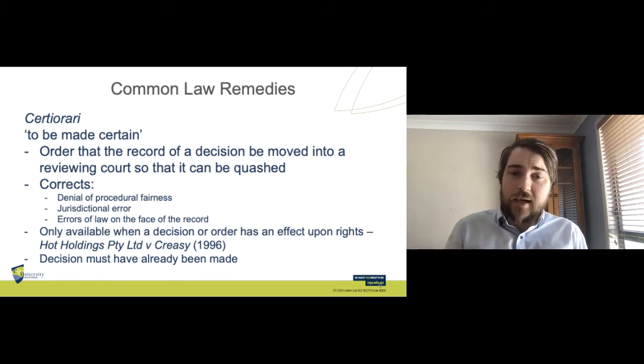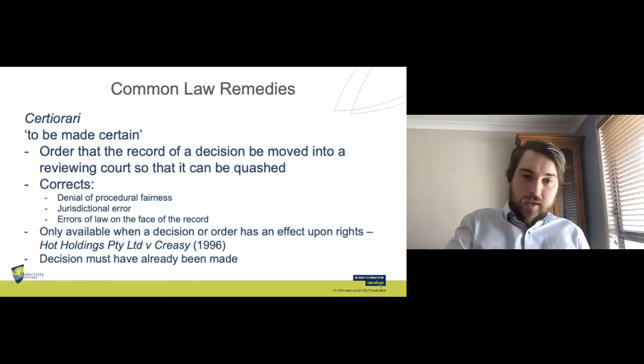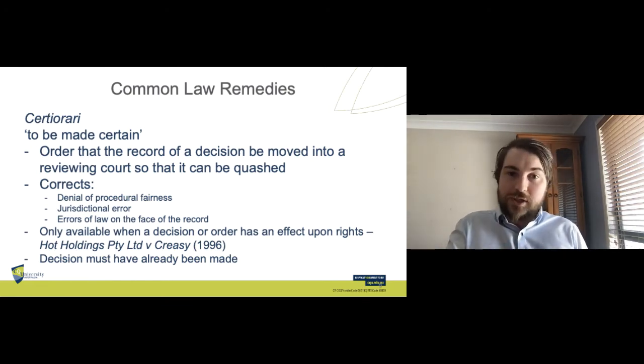So we can't preemptively ask for an order of certiorari if it looks like the decision is going to be made against the applicant. The order has to already be made. And that makes sense because the order itself is moving the decision into the court to be quashed. You can't move a decision into the court if it hasn't already been made. So that's pretty reasonable and straightforward.